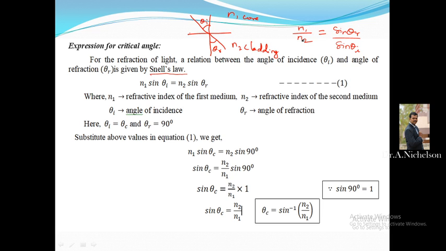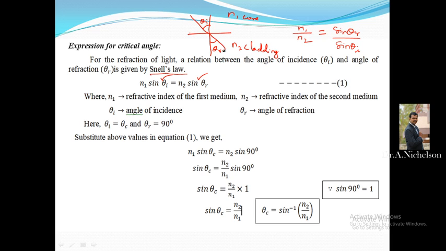Now if you cross multiply, n1 sin theta I equals n2 sin theta r. This is equation number 1. Here n1 is the refractive index of the first medium, which in our optical fiber is the core. The second medium is the cladding. Theta I is the angle of incidence and theta r is the angle of refraction. So this is the first condition.